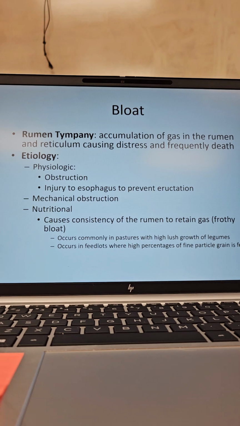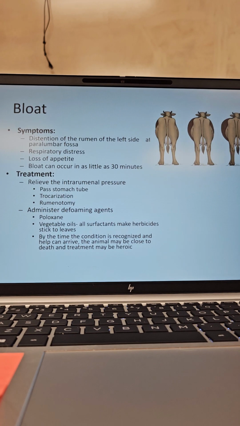It is known as a frothy bloat. I would know that word, and what causes frothy bloat: high-fed grains and legumes cause frothy bloat. Because it creates a lot more gas, it will cause them to bloat faster. It also gets frothy, which makes it harder for them to burp and eructate.